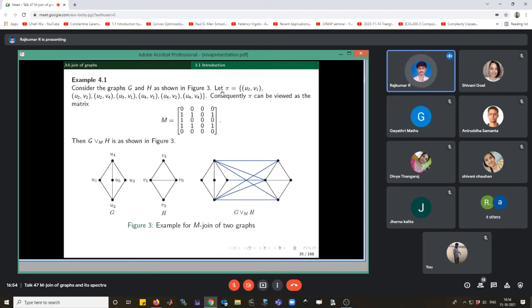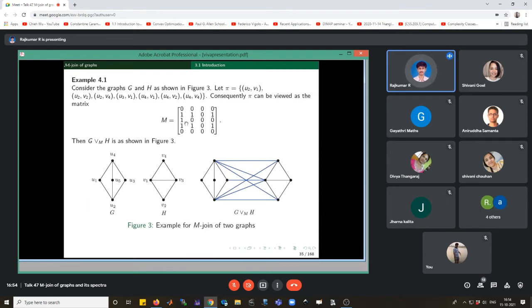Then we can write this binary relation in matrix form like this, capital M. So it is a 5 by 4 matrix, because G has 5 vertices and H has 4 vertices, so correspondingly this matrix is a 5 by 4 matrix. Now how do we form the M-join of G and H?